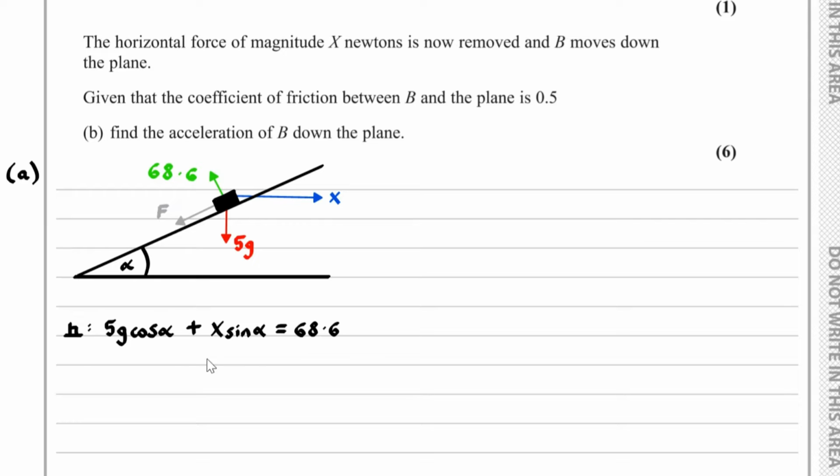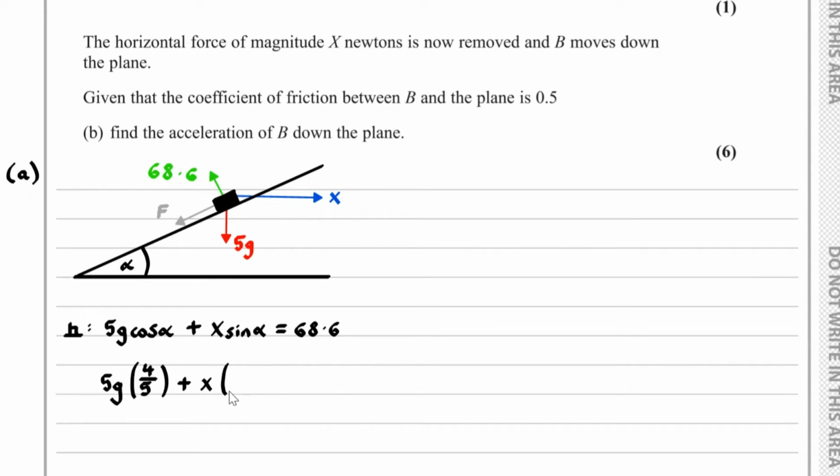Now we need to find out what x is before anything else. So we have 5g multiplied by cos alpha, which is 4/5, plus x times by sine alpha.